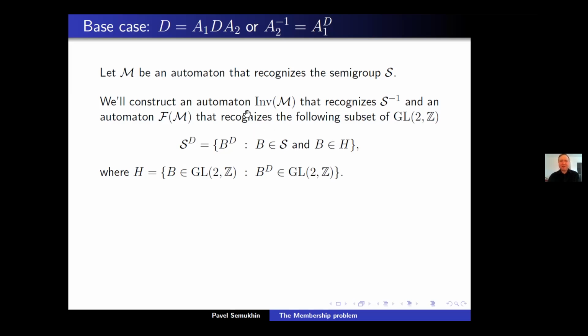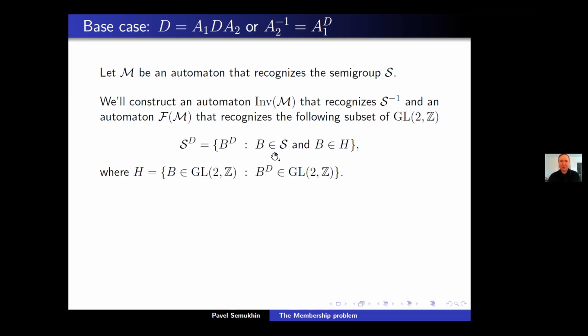The first one will be called inverse of M, which recognizes the inverses of the matrices from the semigroup S. And the other will be called F of M, and this automaton will recognize the following subset of GL2Z. Basically, we want to recognize all conjugates B^D of matrices B from S.